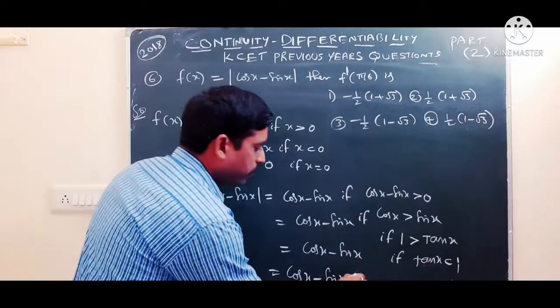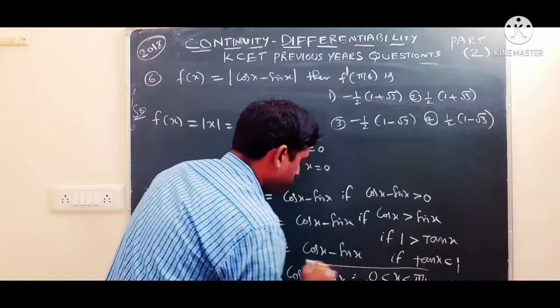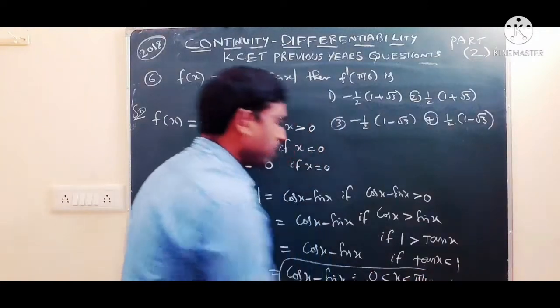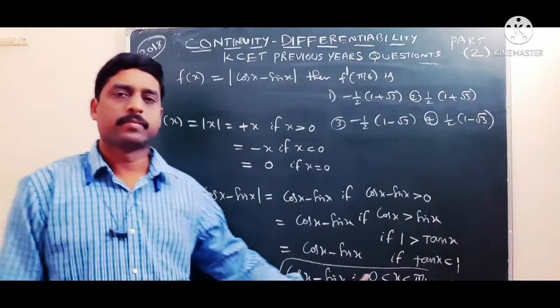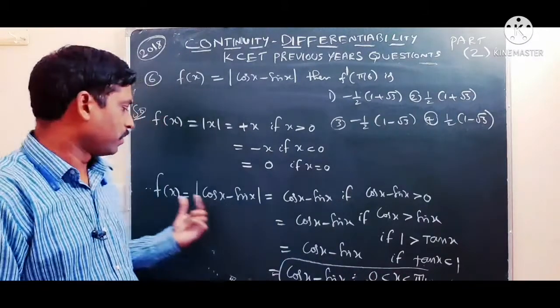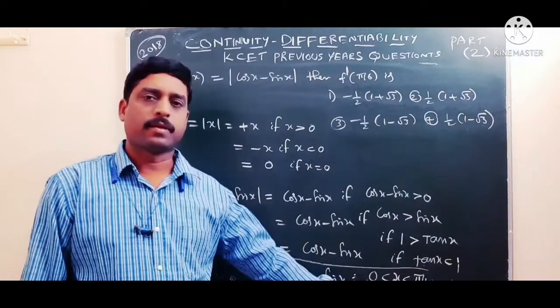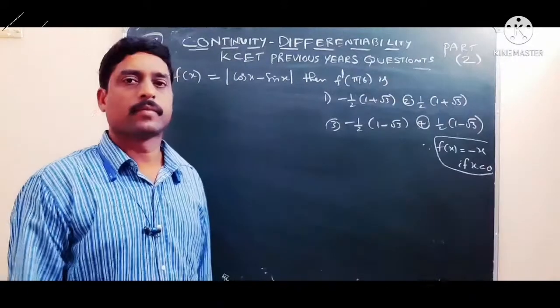Therefore x lies between 0 and pi by 4. Where x lies between 0 and pi by 4, f of x is cos x minus sin x.